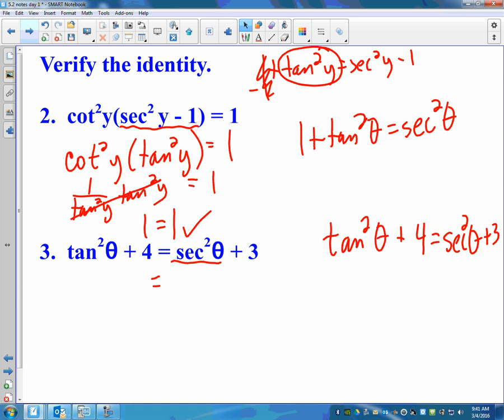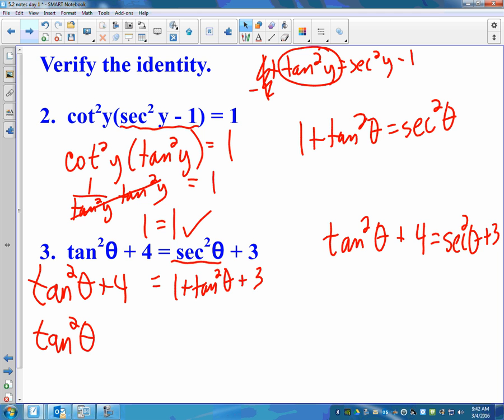And I would get 1 plus tangent squared plus 3. And that's true. You just add them up now. You get tangent squared theta plus 4 equals tangent squared theta plus 4.